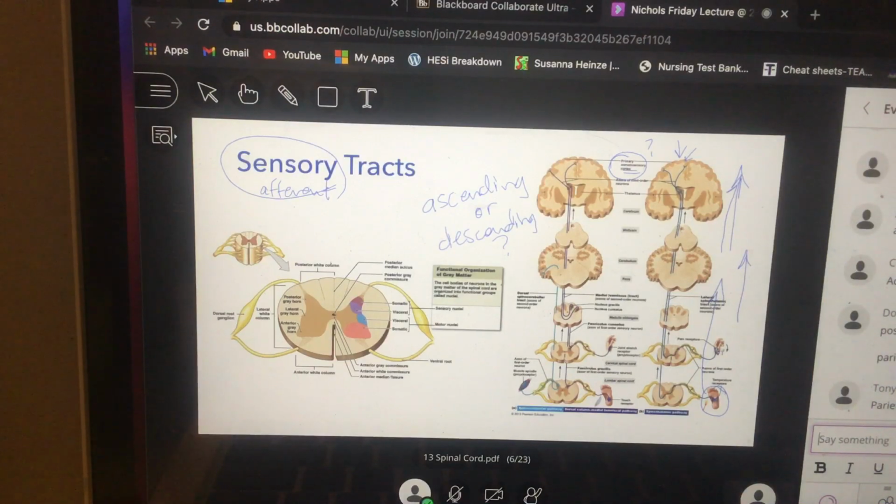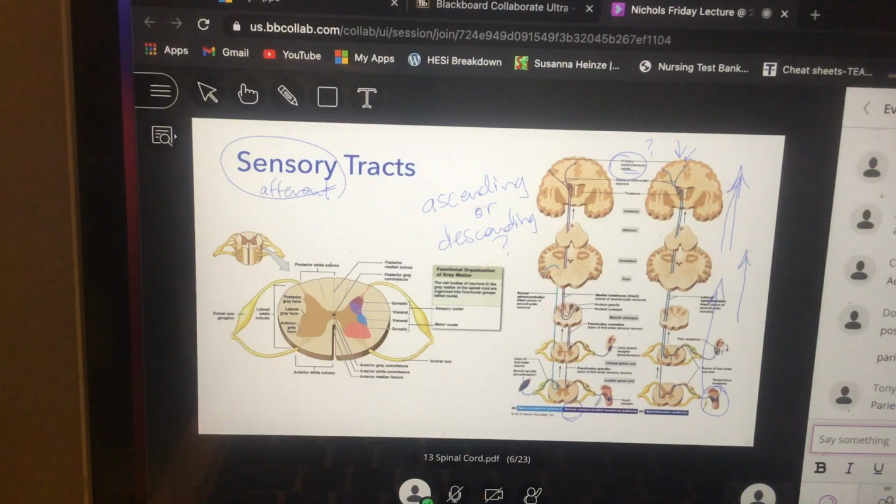All right, so these are the tracts called the ascending tracts. They carry information to the brain. In which part of the spinal cord are they found? They are found mostly in the lateral and posterior columns, primarily, this textbook calls them the dorsal columns. You can see the dorsal columns.